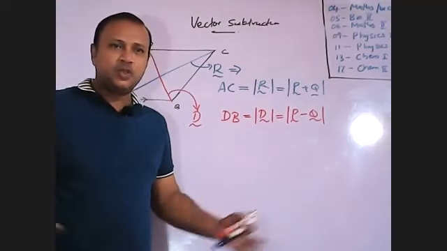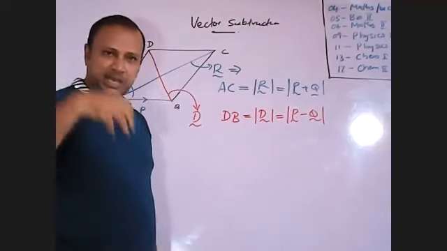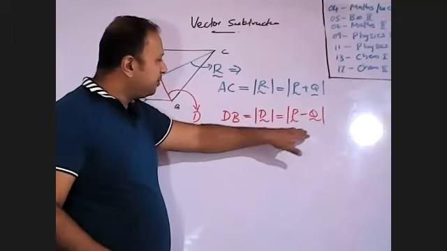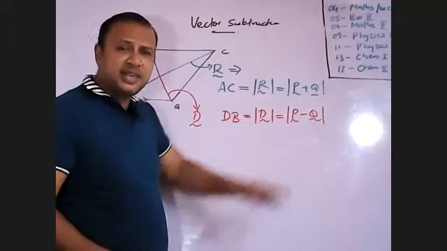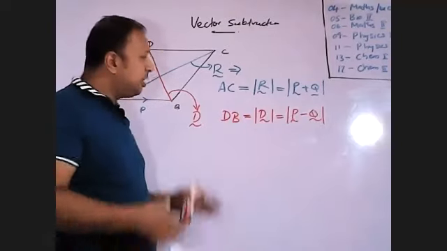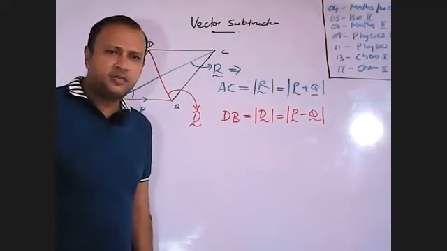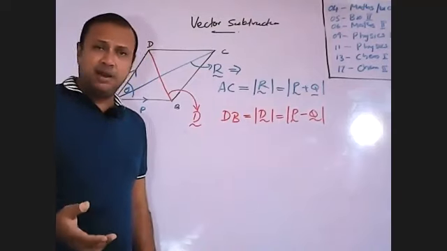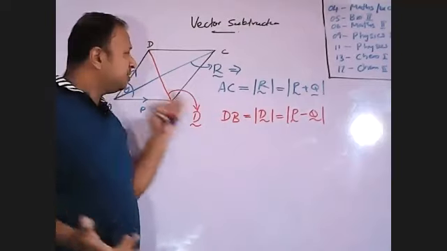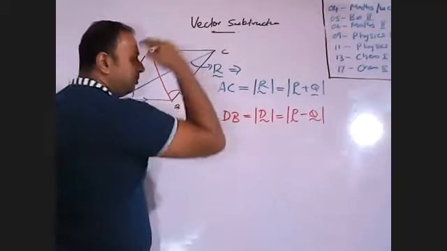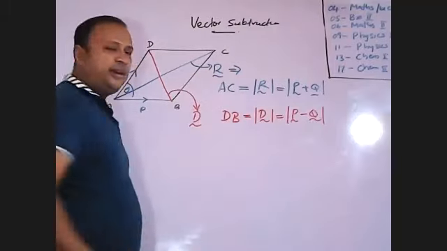So if you are given this kind of notation, P plus Q or P minus Q, that means modulus of R or modulus of P minus Q, they are discussing these two diagonals. Therefore, you have to think in that way.